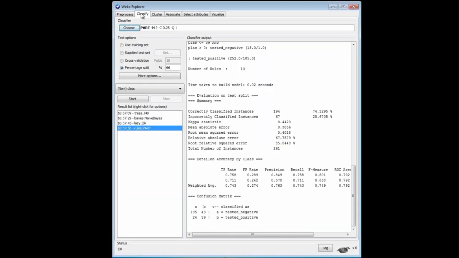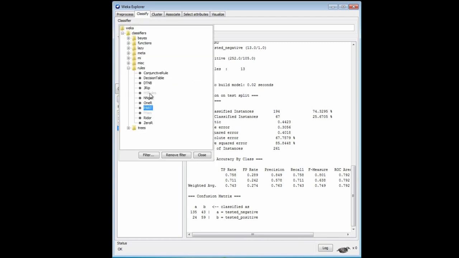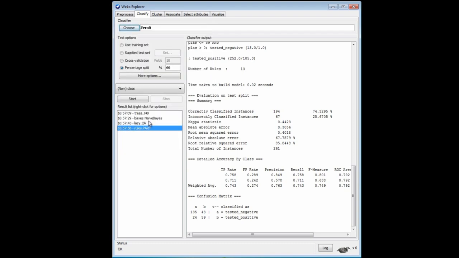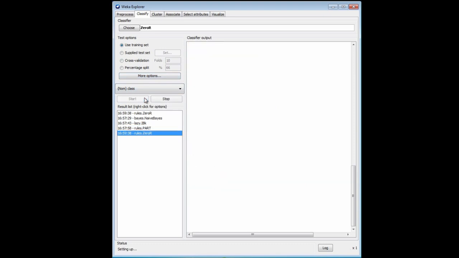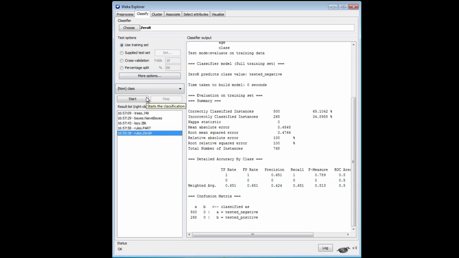Actually, there's a classifier, a rules classifier called ZeroR, which does exactly that. The ZeroR classifier just looks for the most popular class and guesses that all the time. If I run this on the training set, that'll give us the exact same number, 500 over 768, which is 65%. So it's a very, very simple, kind of trivial classifier that always just guesses the most popular class.